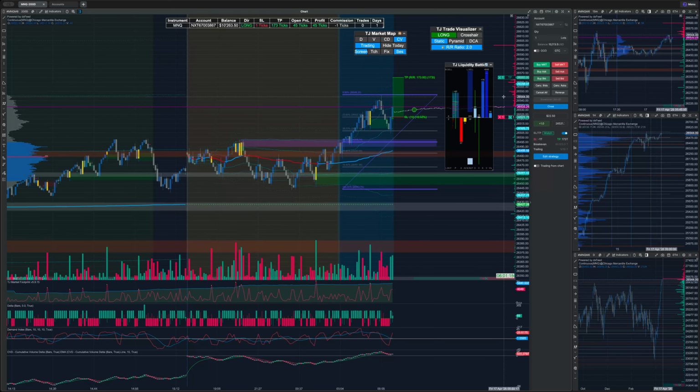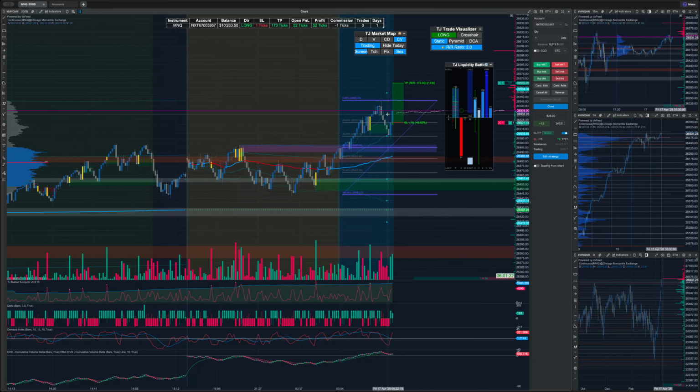Going above the deviation is now critical. Upper deviation 2 of the VWAP. Come on, my little friend.